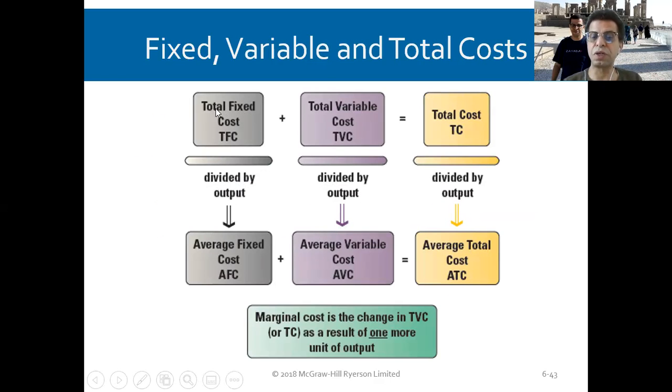And you know total fixed cost plus total variable cost results in the total cost. So the average fixed cost and the average variable cost will also result in the average total cost. The marginal cost is the change of the total variable cost, or the total cost, as a result of one more unit added.